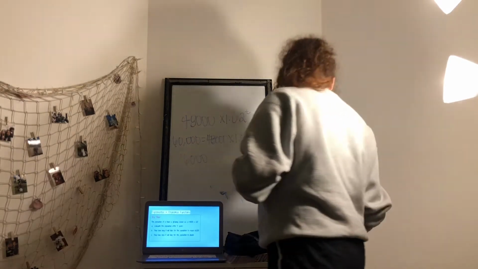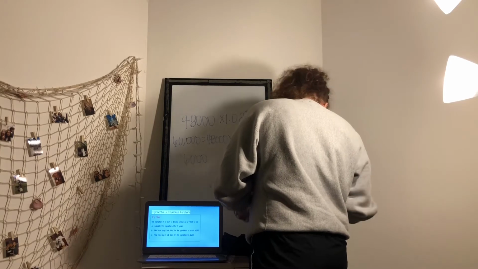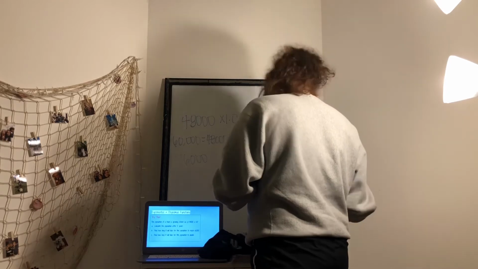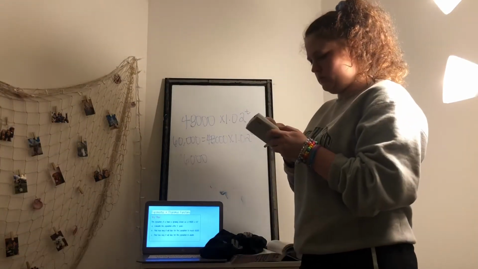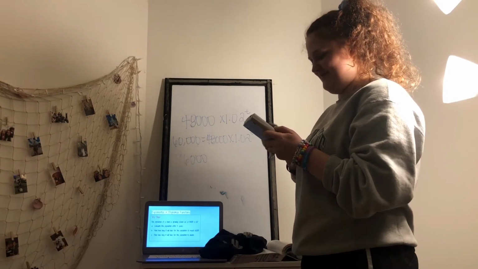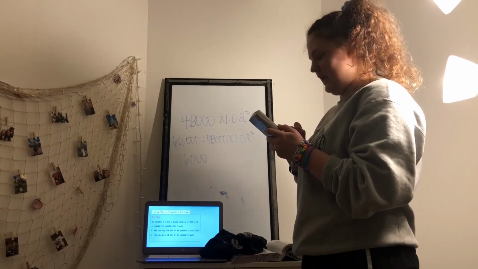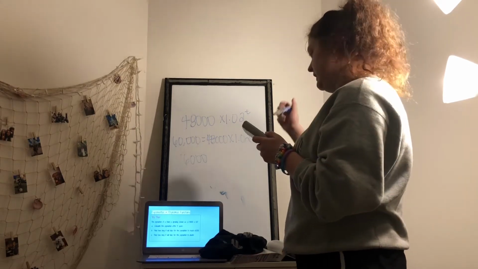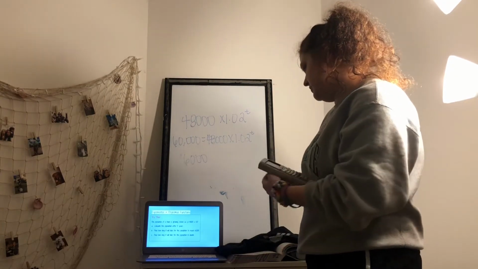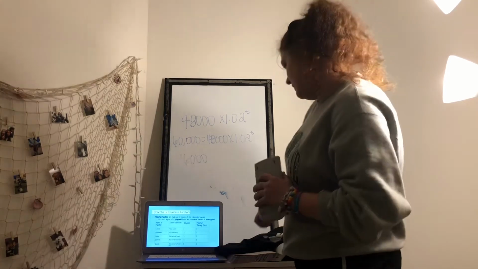And then when you find the intersection, the answer should be 35 years. So it would take 35 years for the population to double from 48,000 to 96,000.